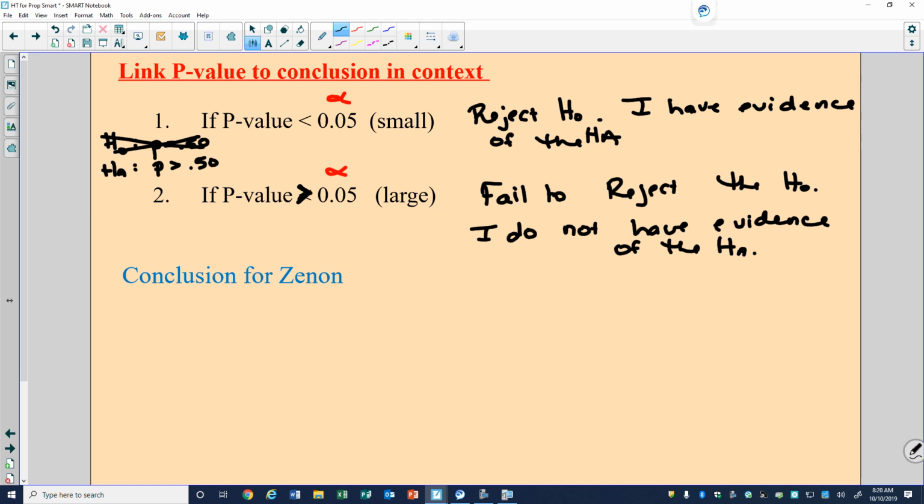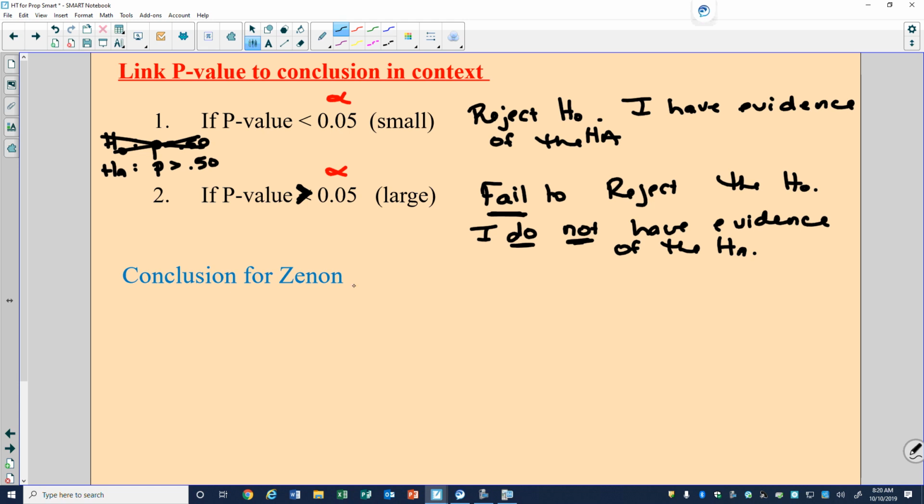Both of them start with a statement about the null hypothesis, and both of them end with the evidence for the alternative hypothesis. Your fail to reject, always, that's a negative word, always goes with do not have evidence, which is also negative. And those are always going to be associated with the greater than. The less than is going to be the not negative one. We're rejecting it, we do have evidence, okay?